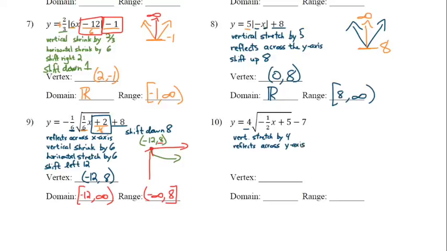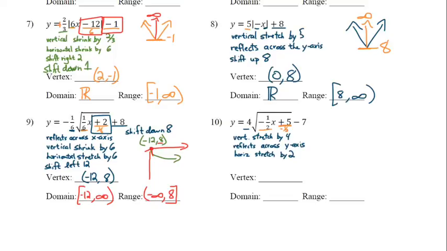Remember, it affects the x, but it goes across the y. We're multiplying by a half, so that's horizontal, but it's dividing by 2, which is a shrink, but everything inside is backwards, so it is a stretch by 2.